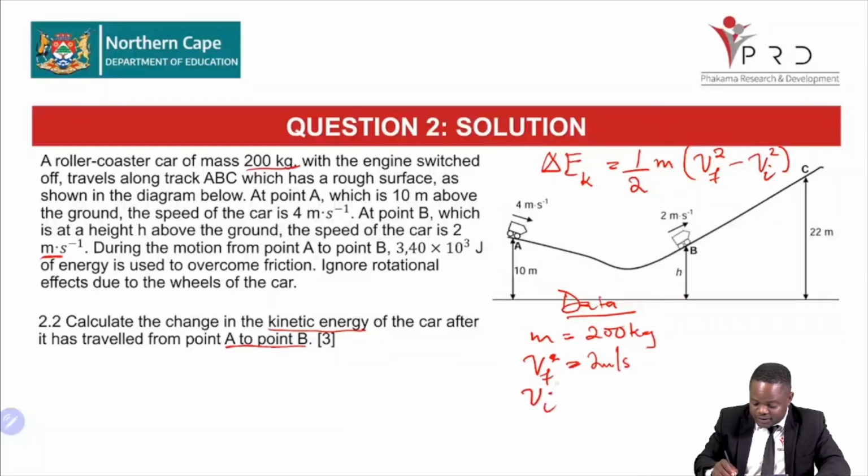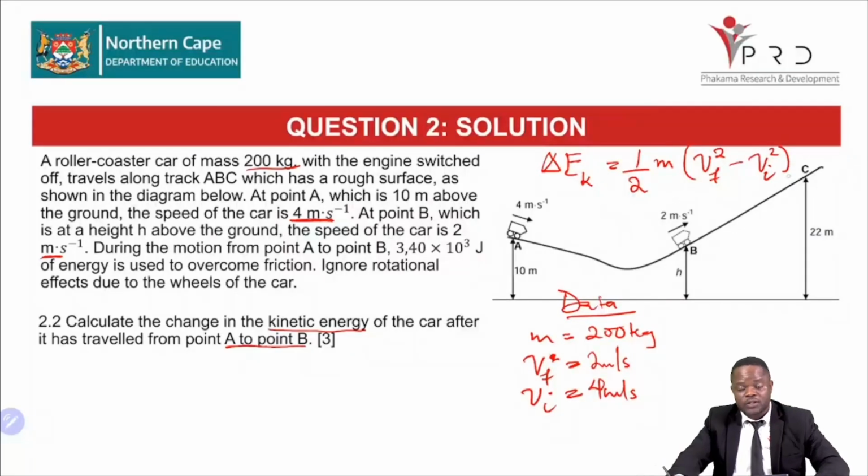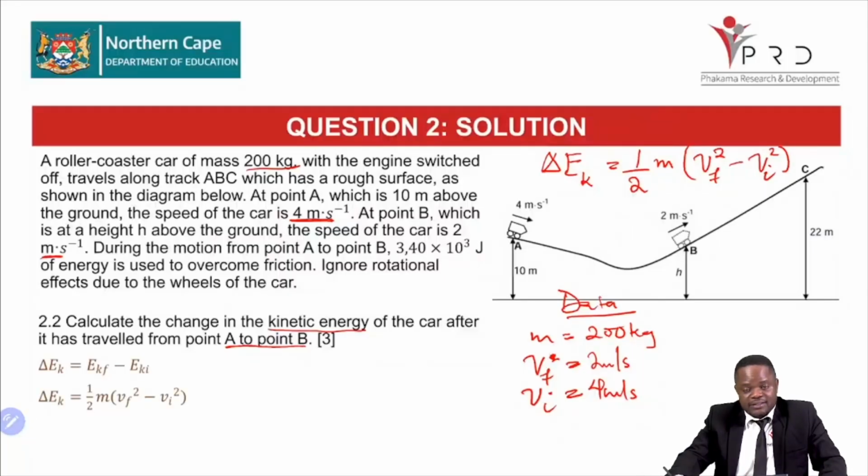Then what is your initial velocity, grade 12s? The velocity at point A, we're told at point A, it is 4 meters per second. I hope you got those. So we have the mass, we have the velocities. We can substitute now into our formula. So change in kinetic energy is equal to final kinetic energy minus initial kinetic energy.